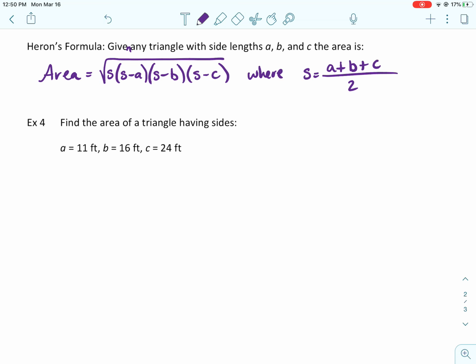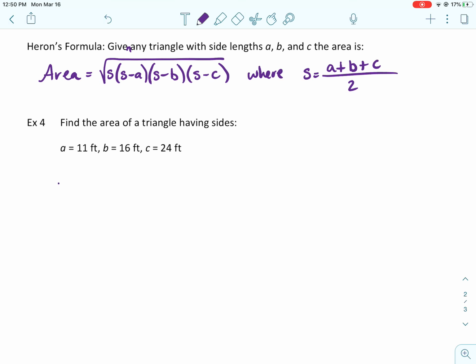To find S, you're going to add A, B, and C together and divide by 2. So no matter what, S is going to be larger than A, B, and C. So we don't have to worry about getting a negative underneath that square root at all.